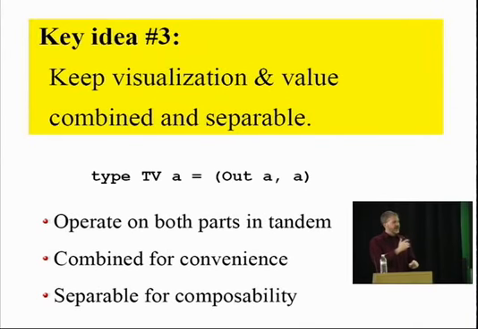If I have a function application, then I'm going to have a function valued UI and a function value on the one hand. And I'm going to have an argument valued UI and an argument value on the other hand. So when I want to compose them, apply. I apply the function to the argument. That's very simple. And then I do something that's analogous to it with the two UIs. So the key idea is combine them for convenience, but keep them separable for composability.